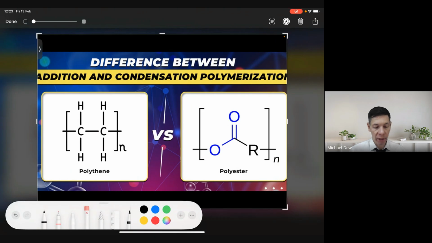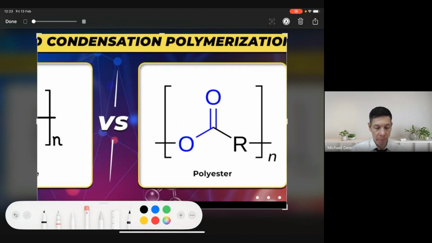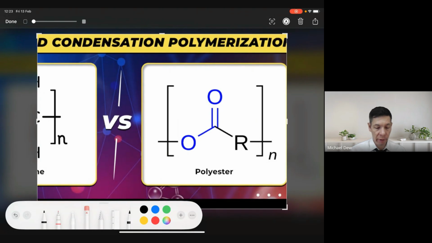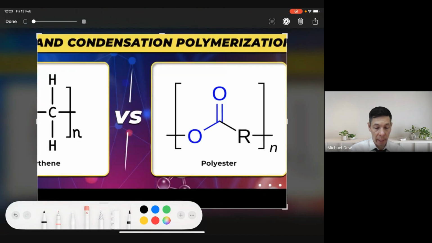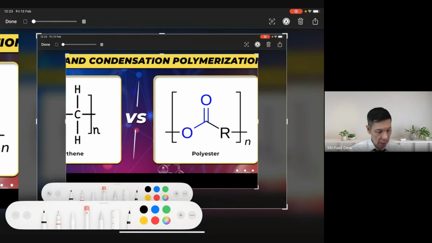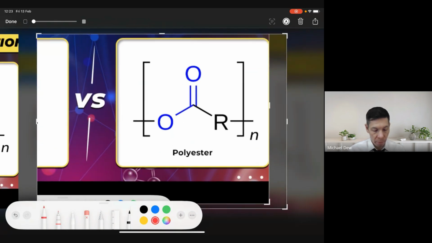That's addition polymerization, and here you can see we've got the ester functional group, and this would represent condensation polymerization. And you can see that the ester functional group is shown right here. Okay, and remember the R just means a carbon with another part of the molecule.